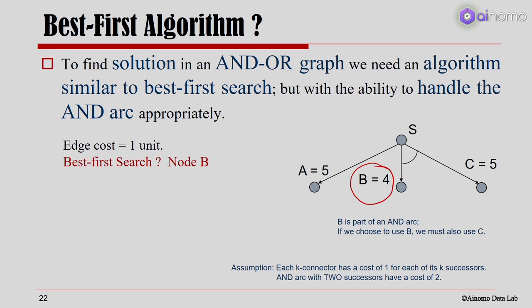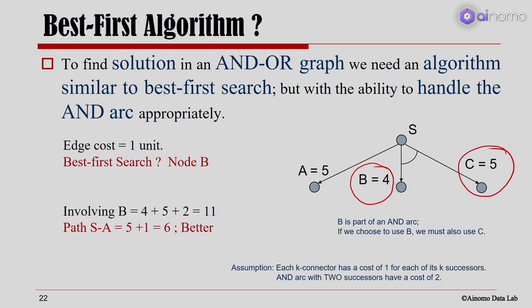So, if we choose B, we must also use C. So, involving B would mean that I would be expanding 4 units at B, 5 units at C, and because this is a 2 connector, I would be spending 2 units there. So, I would be having an estimate of 11 on this path.